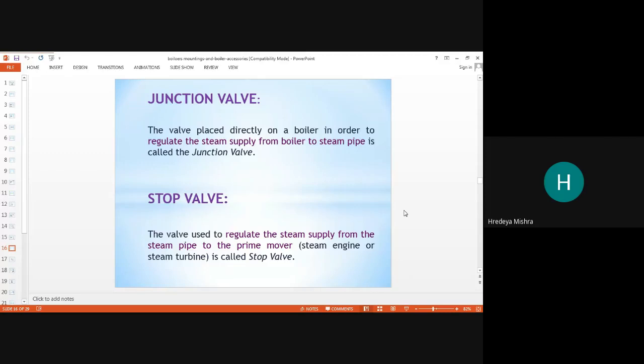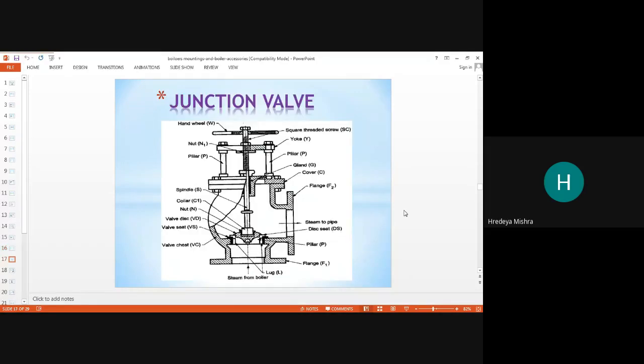Okay. Now see the junction valve. See all the components: hand wheel to release or stop the steam supply, yoke, pillar.